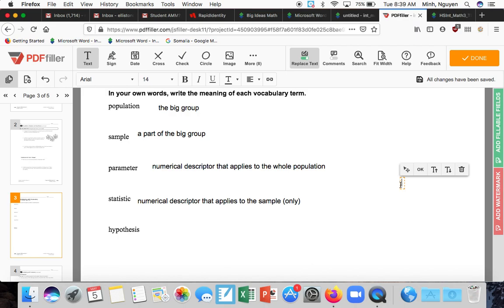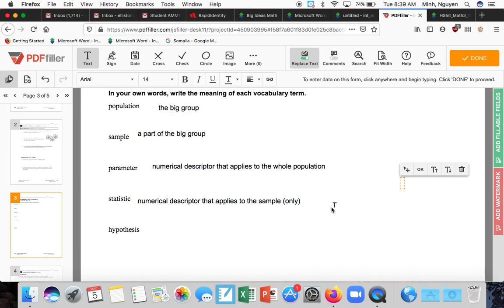A parameter might be something like: out of everyone in Math 3, a quarter of the students have a favorite color of white. That could be the parameter. That means 1 out of every 4 students in Math 3 likes white. That's the parameter, because it applies to everyone in Math 3.